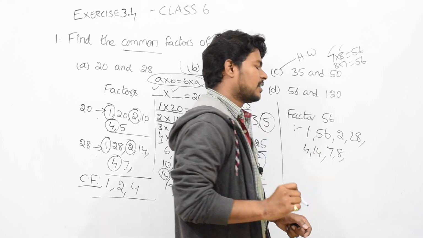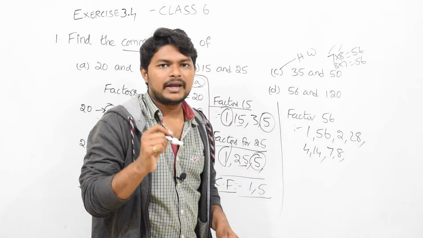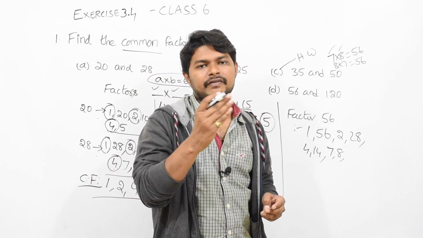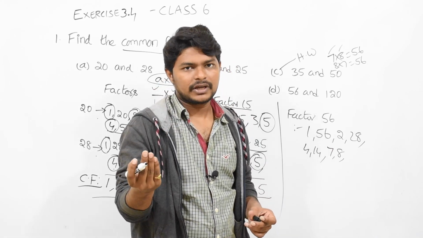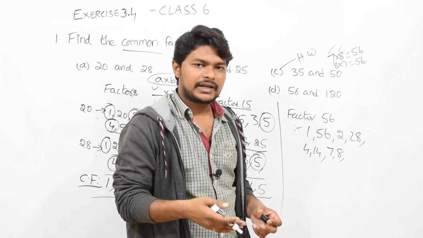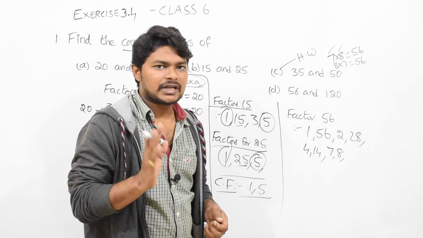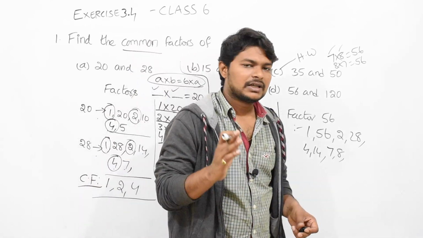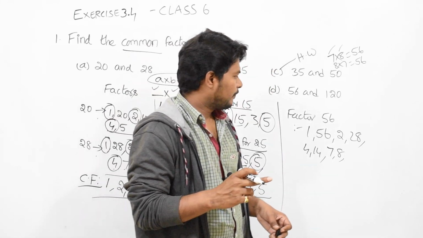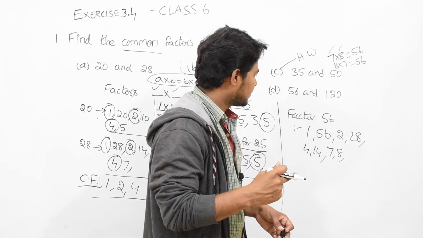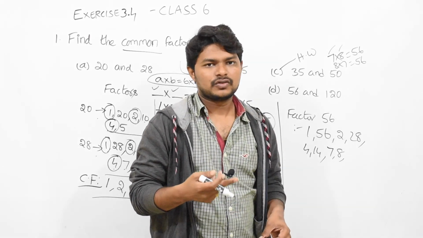Okay, then 9. In the 9 table, 9 fives are 45, 9 sixes are 54, so 56 will not come. Then 10, and in 11, 11 fives are 55, so 56 will not come. 12 fours are 48, 12 fives are 60, so it will not come.